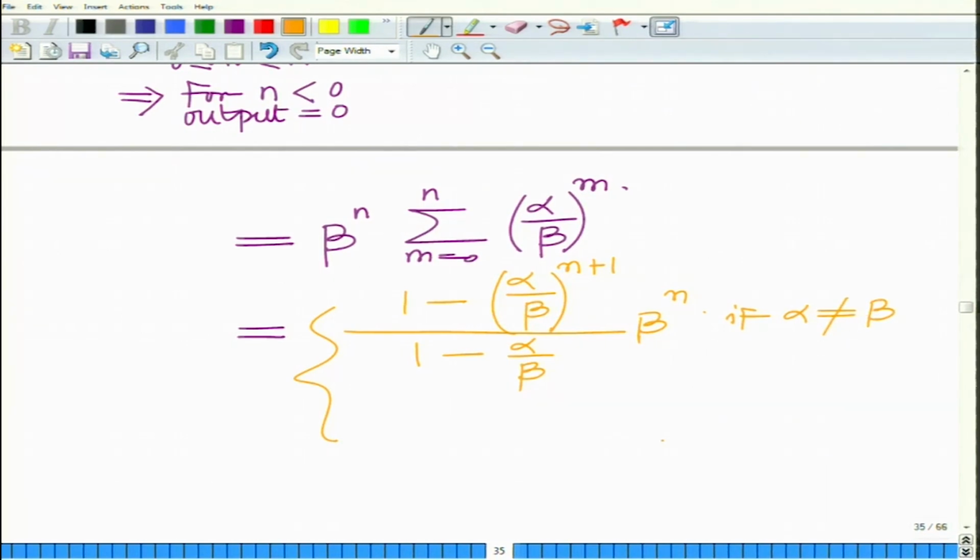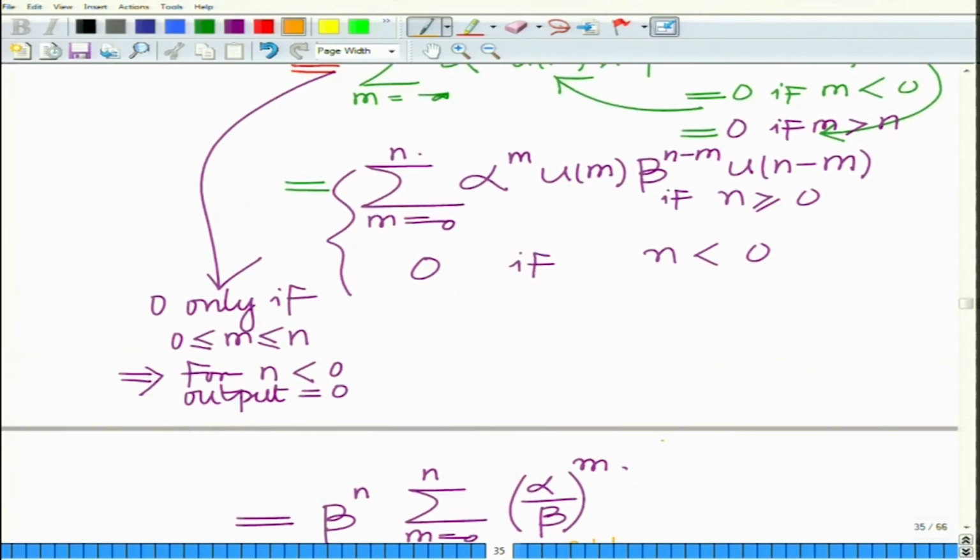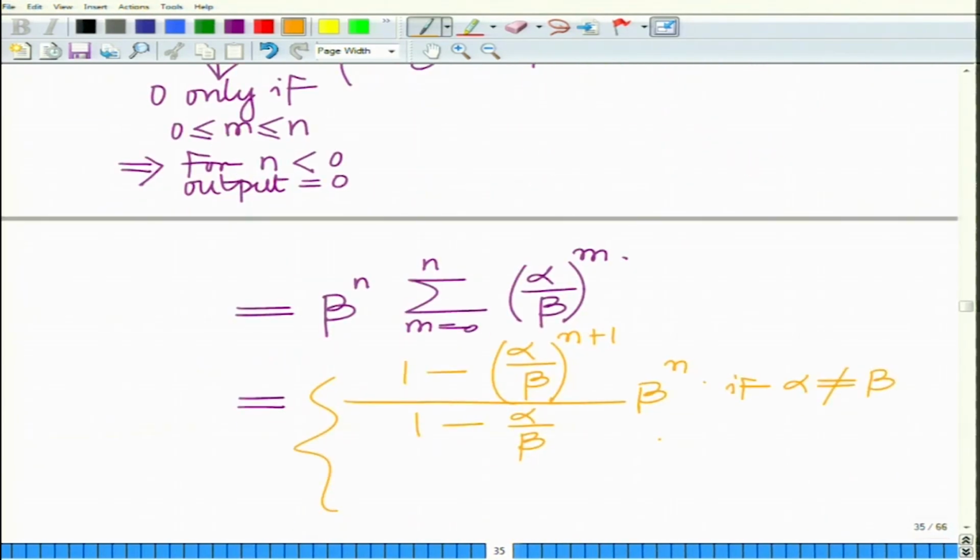If alpha is equal to beta, then each term alpha over beta is 1. So, summation m equal to 0 to n of alpha over beta to the power m will simply be summation of 1, which is n plus 1. So, this will be beta to the power n into n plus 1 if alpha equals beta.